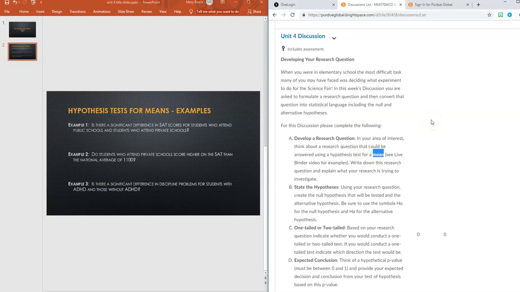Now, this is important because as you'll be learning throughout the remaining weeks of the course, there are different types of hypothesis tests for many different things. We might want to compare means or averages. We might want to compare percentages. In fact, in psychological research, a lot of people are interested in comparing rates and likelihoods, answering questions like, are females more likely to suffer from abuse?